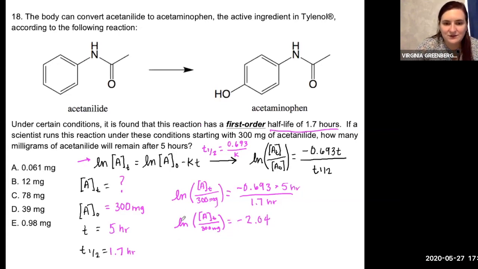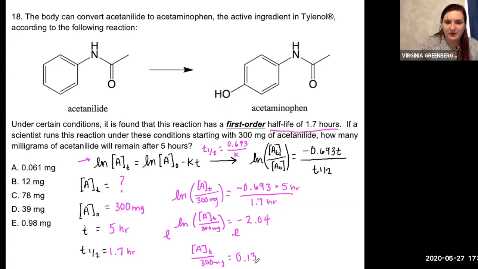We want to undo the natural log, so we'll need our exponential. We'll do e to the power of both sides. We'll see that A_t divided by 300 is equal to 0.13.